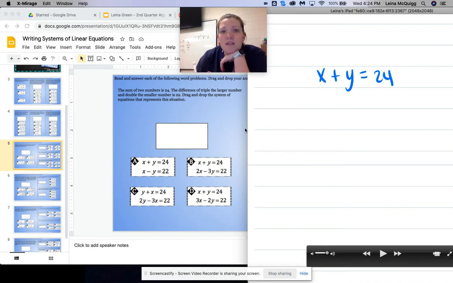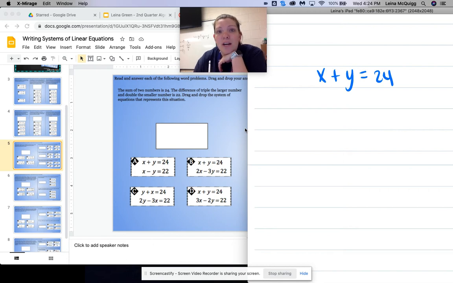The difference means subtract, so I'm going to be subtracting two things. Of triple the larger number, so triple the larger number and double the smaller number is 22. So equals 22.